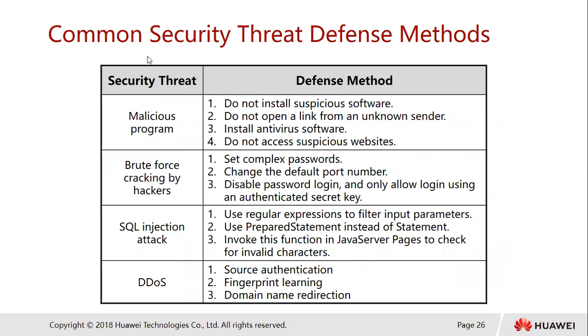Okay, so common security threats defense methods. All right, so how do we protect our organization from malicious programs? One, do not install suspicious software. This is very, very important. This is why the organization must have a security policy, because a security policy is going to state which software is going to be allowed in the institution.